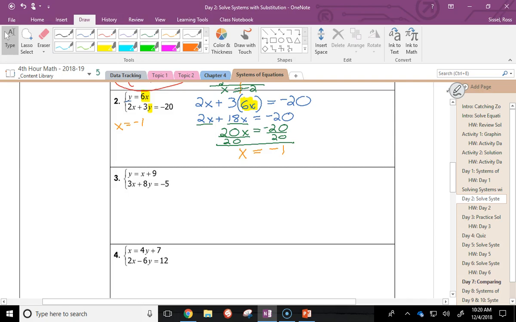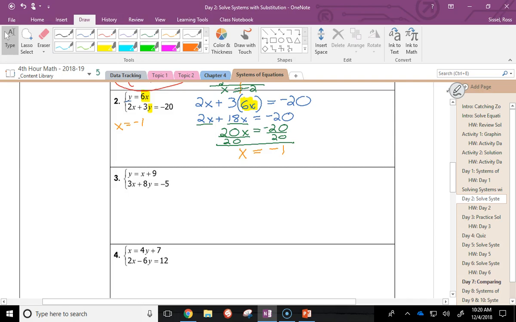Why do I not want to use 2x plus 3y equals negative 20? I can, but why? Well, it's not solved. Neither one of them is solved. Brett? Well, we know y is 6x. This equation is a little easier though, right? You're absolutely right, and I'm going to show it just so you can make sure.